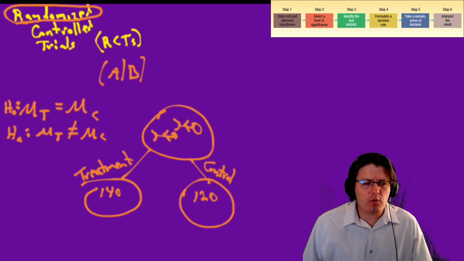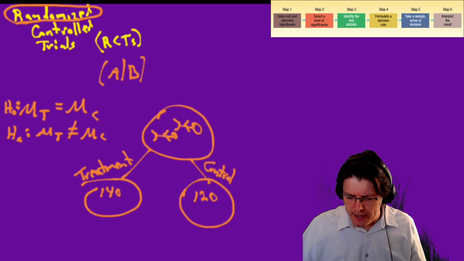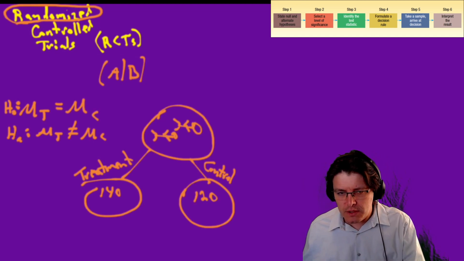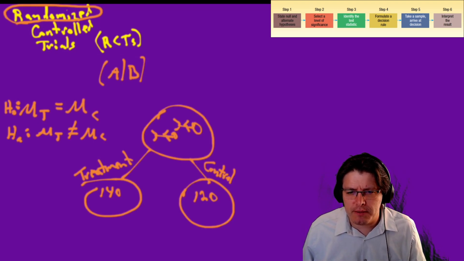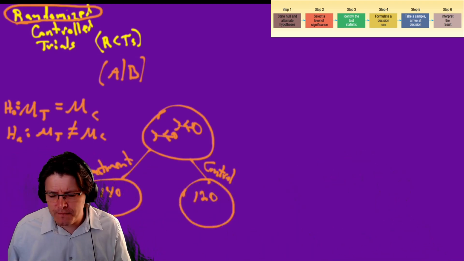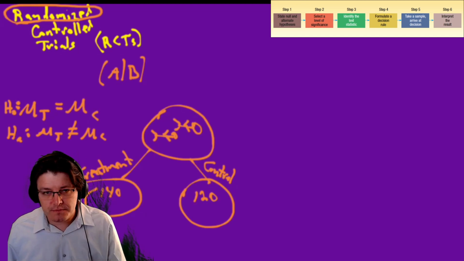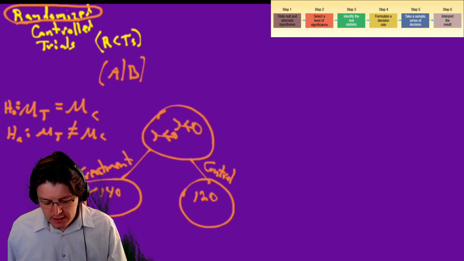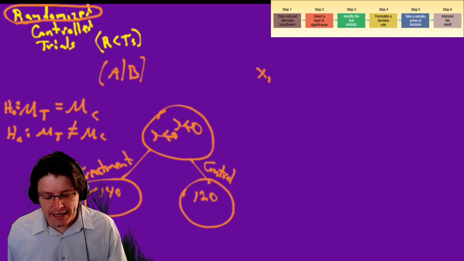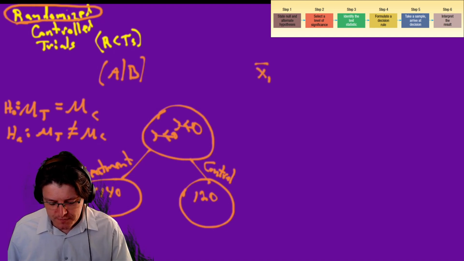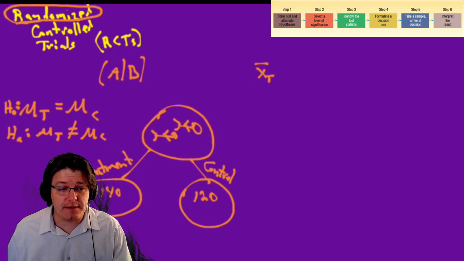Yeah, so real briefly, I'm just going to finish up by walking through an example here, and I might be able to fit it on the same screen. So let's say we did this type of test, and we said, so what are we going to get? We're going to get an x bar 1, right? And I'm going to actually use the notation xt and xc.